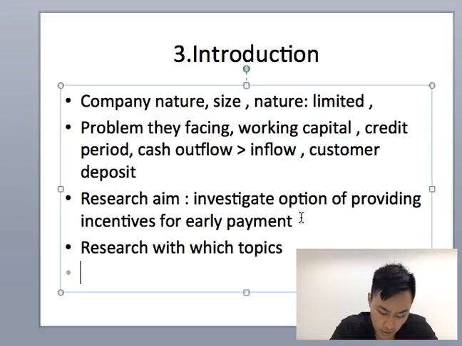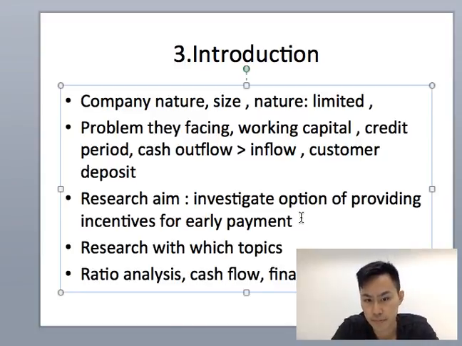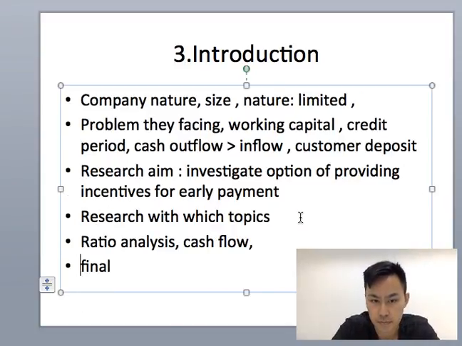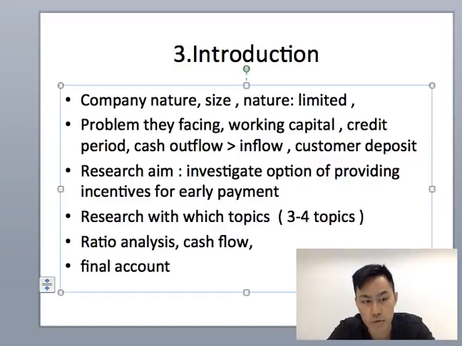So for example, for this one, you can say ratio analysis. Yeah. And also cash flow, final accounts. So I would suggest you mention 3 to 4 topics. Yeah. So this is how you're going to write your introduction. So I hope it's quite clear for you.